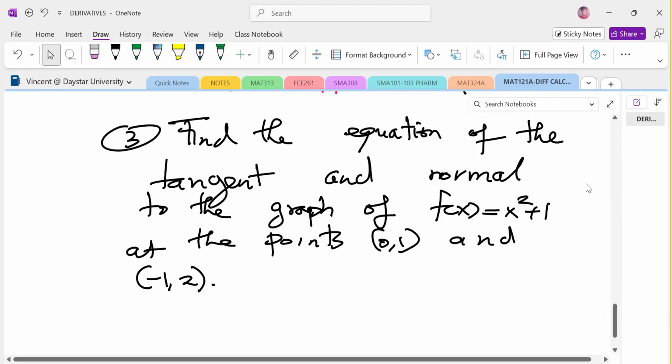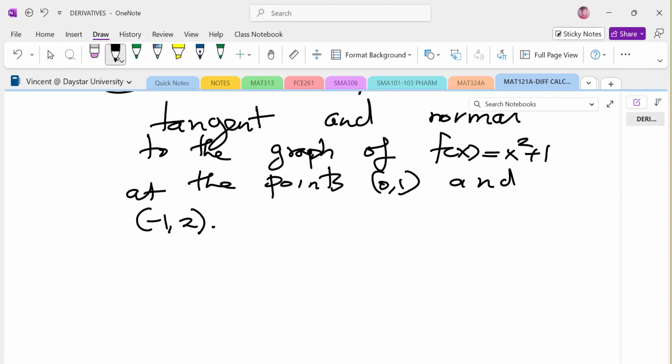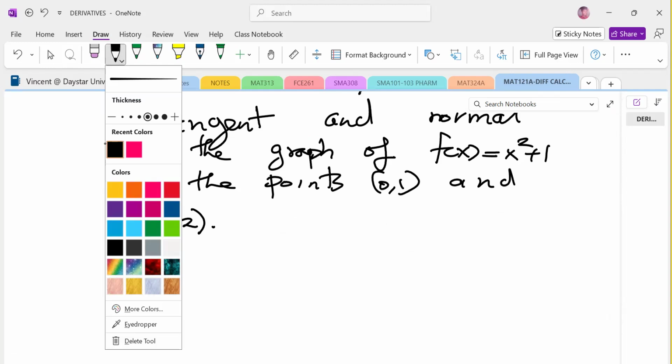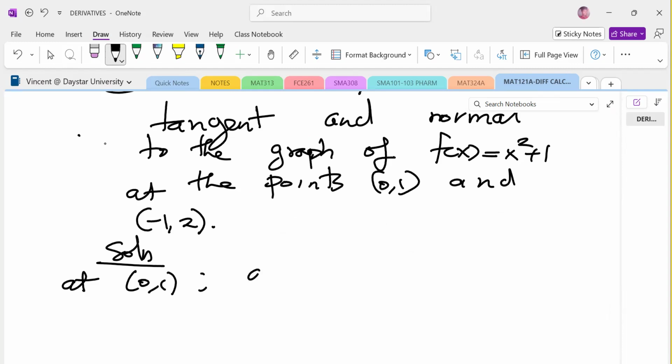So the first thing will be to find the slope at each of these points. So remember, solution: at the point (0, 1), what is our a value? 0, correct. That's the x value, 0.